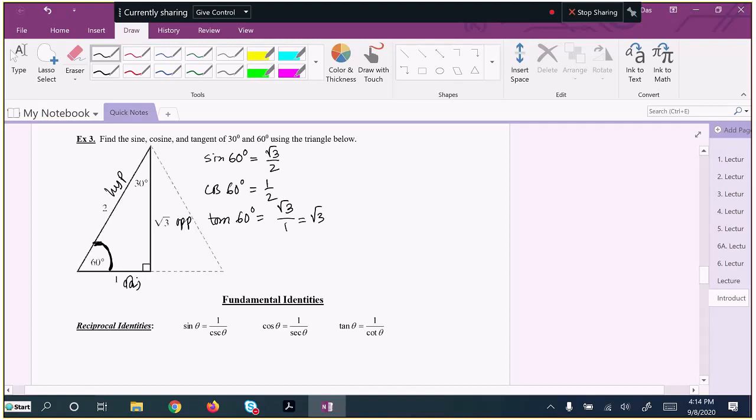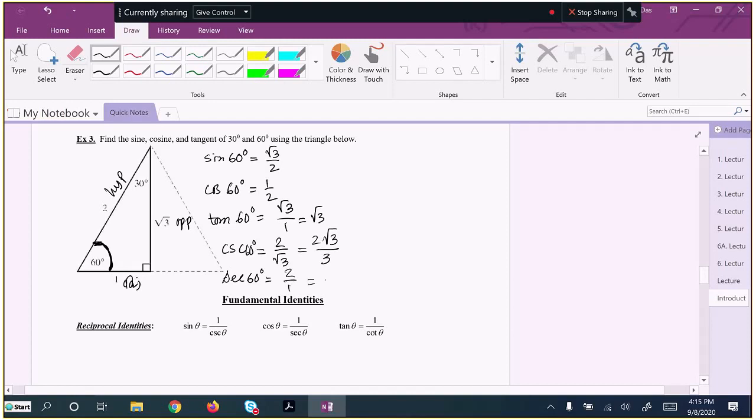So let's go ahead and write down the cosecant. Cosecant of 60 degrees will be 2 over square root of 3. It will be the hypotenuse over the opposite side. I can rationalize and write it as 2 square root of 3 over 3. Secant of 60 degrees is going to be 2 over 1.